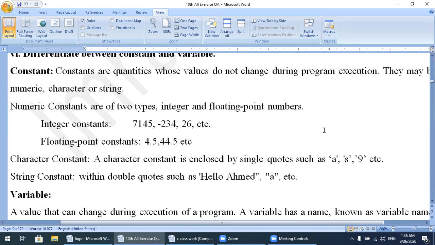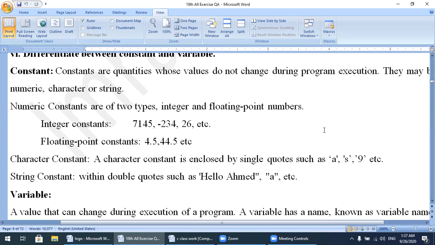Keep in mind, whenever we use any kind of constant in our computer program, if a decimal point is present, it is not an integer constant. But if no decimal point is present, it will be an integer constant. Integer constants can be positive or negative.